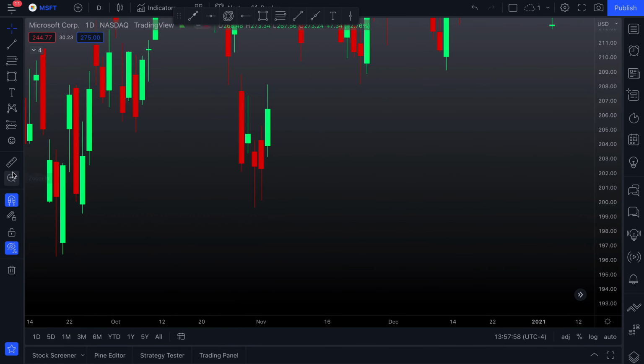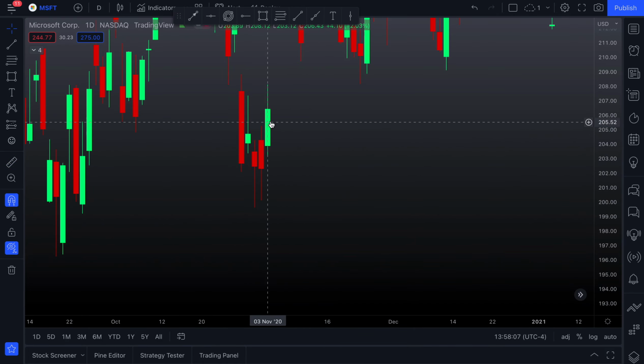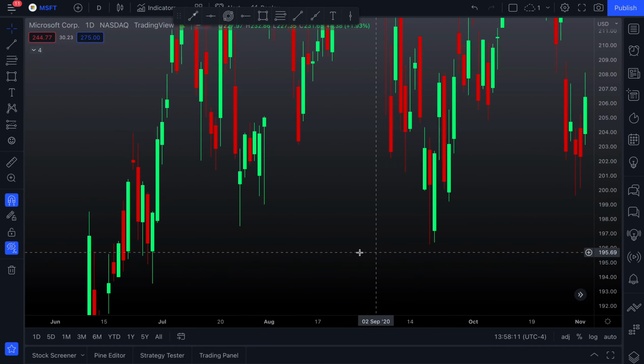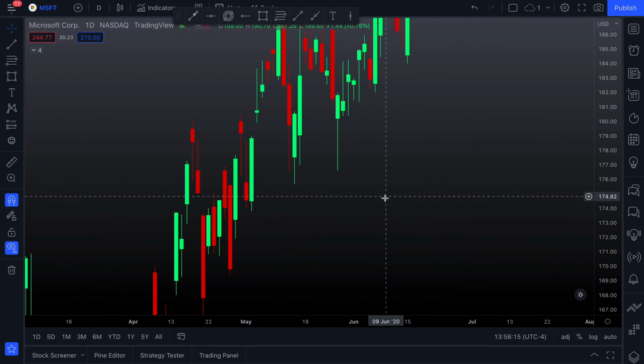So right here, this doesn't look 2 times bigger. We can measure it just to check, 1.96 and 1.39. So it is not 2 times bigger, the body of the green to the basing red. So it's not a valid demand zone for a standard demand. So now keep looking.